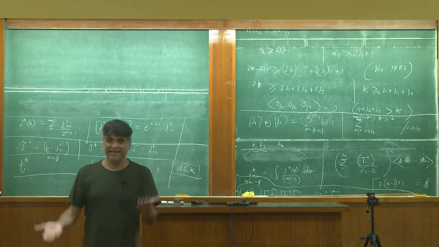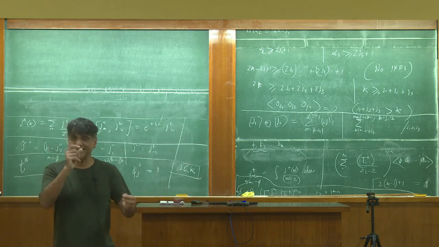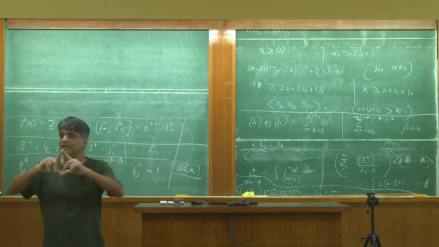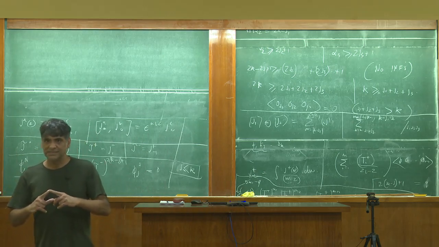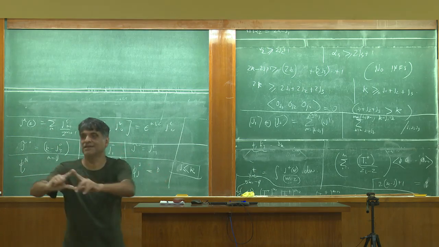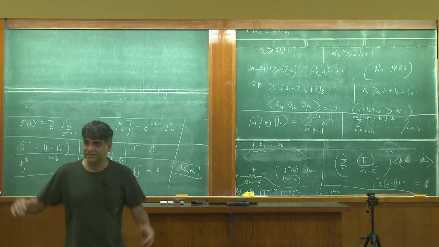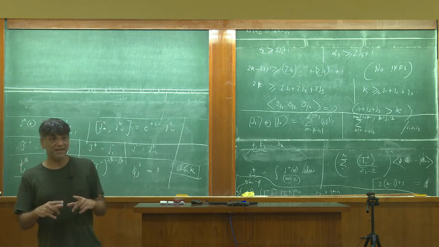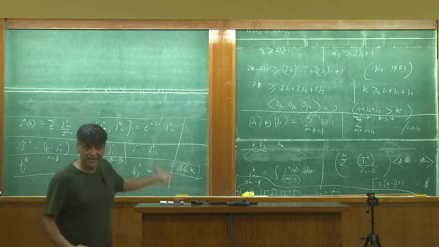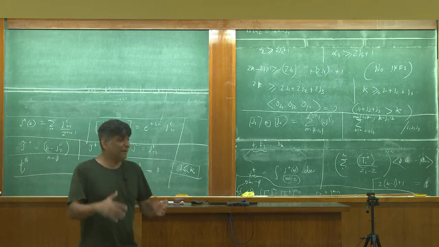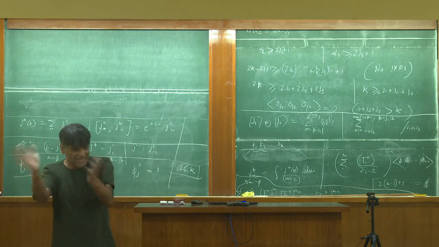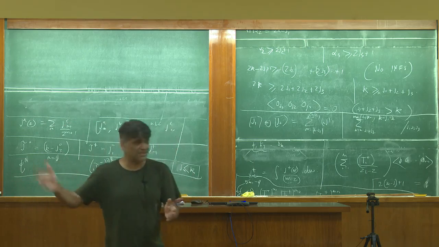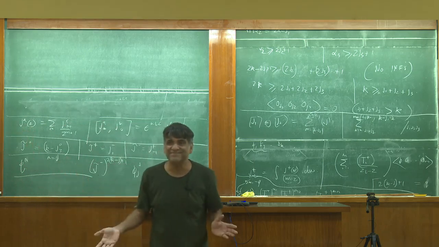Because in Lie algebra, any 3 J1, J2, J3 that obey the triangle inequality have 1 non-trivial conformal block and others have 0. Here, not only must it obey the triangle inequality, but it must also obey this other inequality, that is J1 plus J2 plus J3 is less than or equal to k.